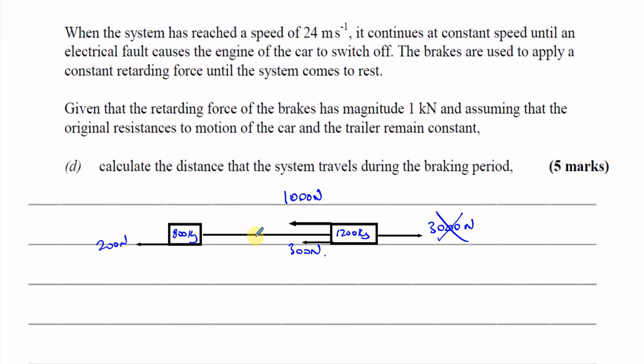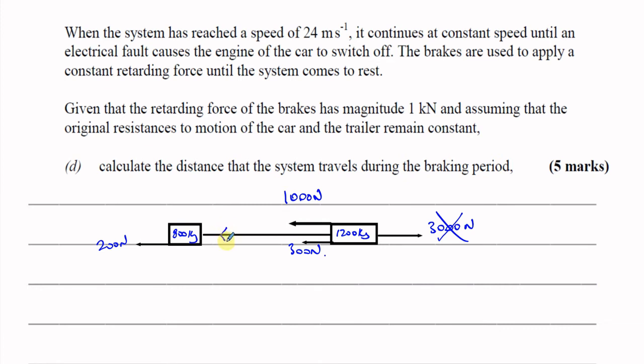Now this tow bar doesn't bend nor buckle. So once the brakes are applied, you're no longer going to have a tension pulling the trailer towards the car, nor the car being pulled towards the trailer. There won't be that effect anymore. The force in the tow bar will act to keep them apart.